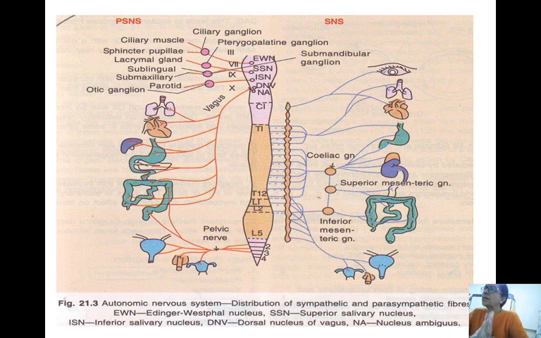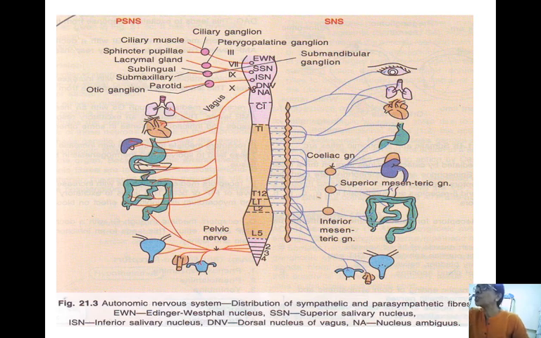So from the spinal cord, they are going towards the sympathetic ganglion, then to the celiac ganglion and the superior and inferior mesenteric ganglia. So these are the preganglionic fibers. The postganglionic neuron bodies are present in the celiac ganglion and the superior and inferior mesenteric ganglia.